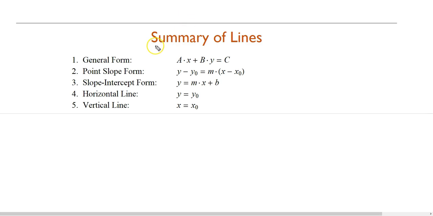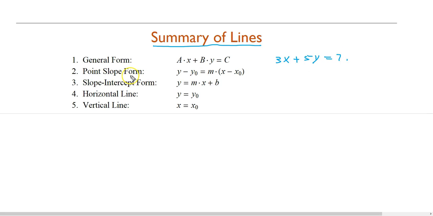So here's a summary of equations of lines that you'll see. The general form for an equation of a line is a times x plus b times y equals c. So perhaps something like 3x plus 5y equals 7. That would be a general form for the equation of a line.